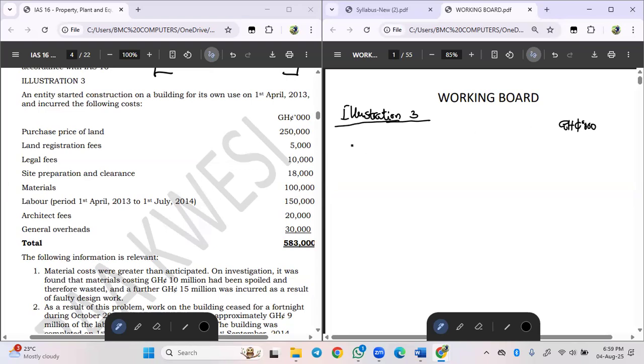So we have the purchase price. That one is 250,000. We have land registration fees, so that one will be added.